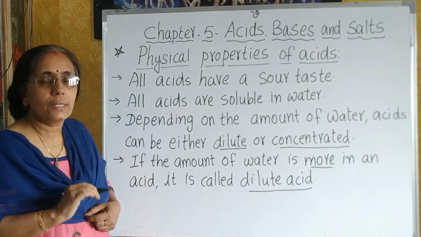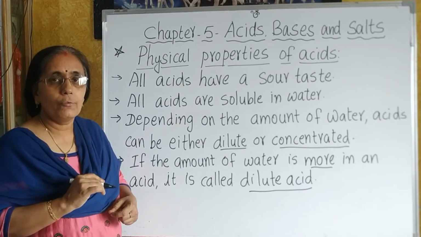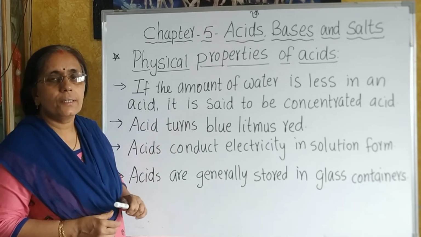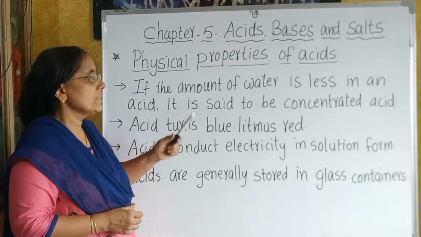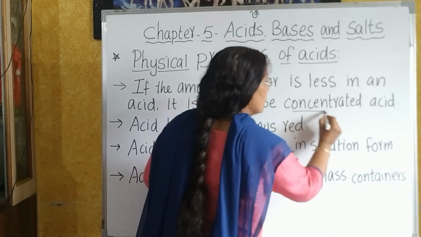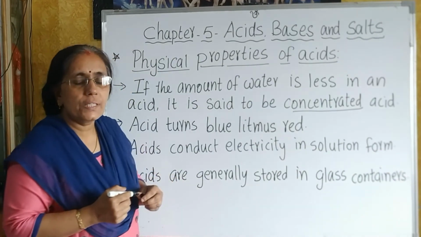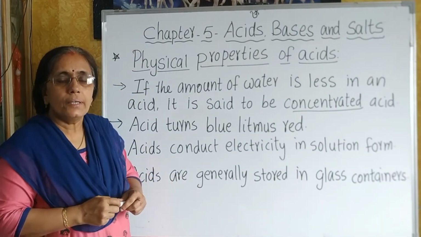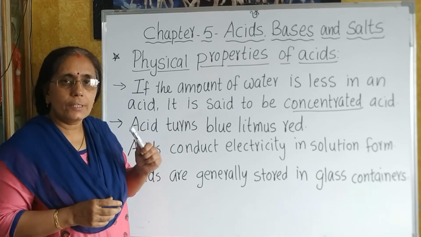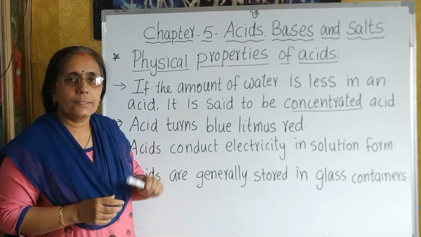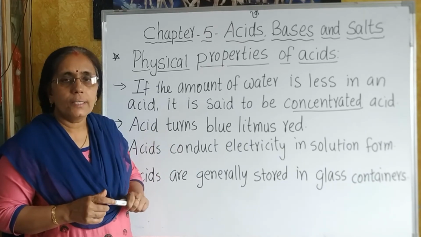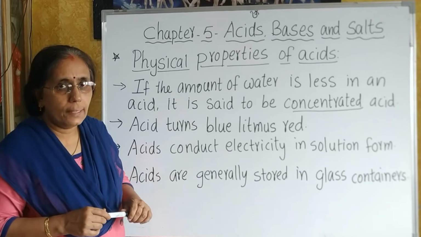So, dilute acid contains more water. If the amount of water is less in an acid, it is said to be concentrated acid. So, when do we say an acid is concentrated? If in the same quantity of acid the water is less, then it is concentrated, and if the water is more, then it is dilute acid.